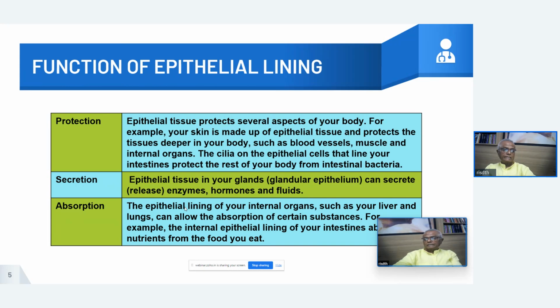Then secretion. Secretion means epithelial tissue in the glands, the glandular epithelium, can secrete enzymes and hormones that are useful for life. In the gastric system, gastric juice and enzymes are produced, and this comes through the epithelial lining.